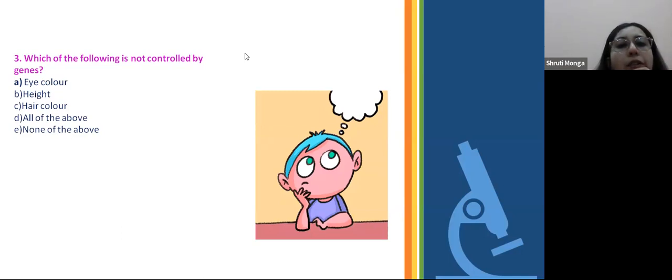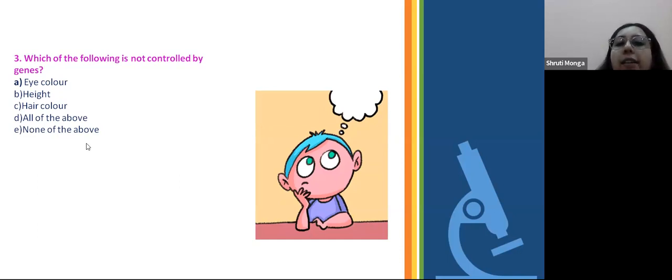Ishan has also replied. Waiting for others also. Okay, Shivansh has also replied. Suhani is left. Obviously, the correct option is E.